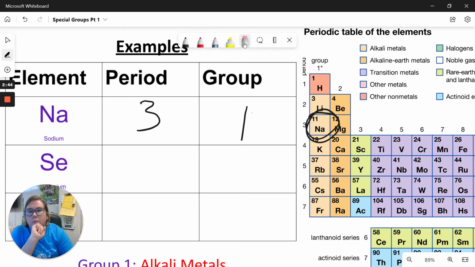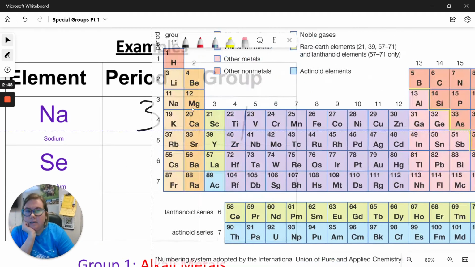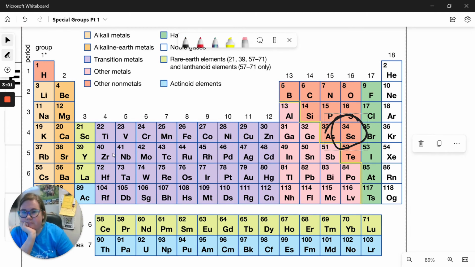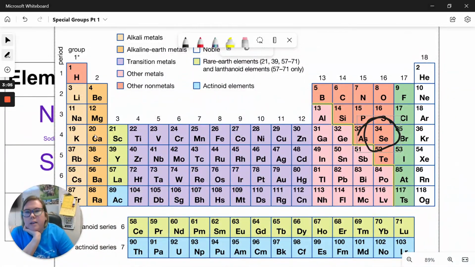All right. Now we need to find selenium, Se. We'll look here again on our table. Se is right here, so I'm going to go ahead and circle it. So we are in group 1, 2, and now notice, if we looked back to the last slide, we don't actually count the ones in the middle.